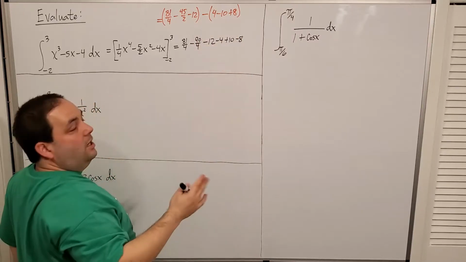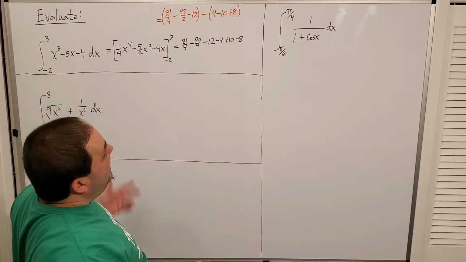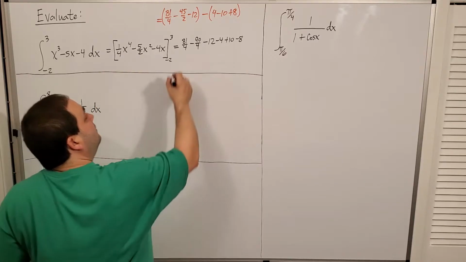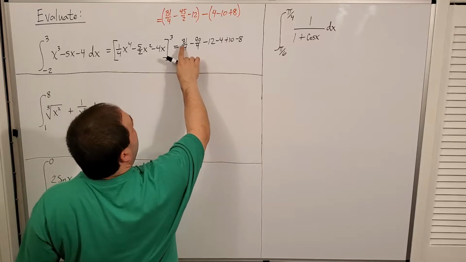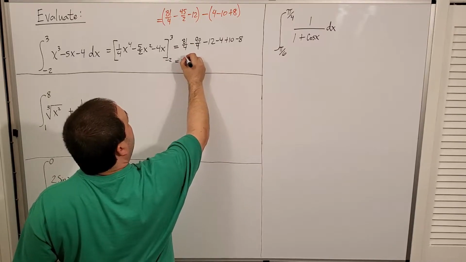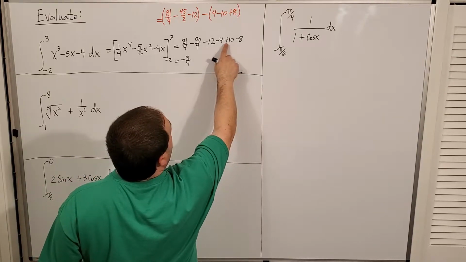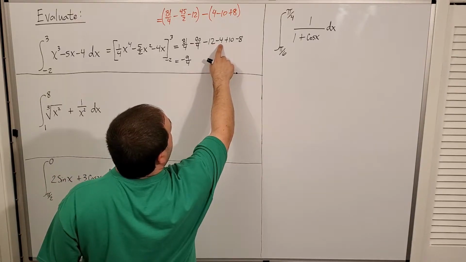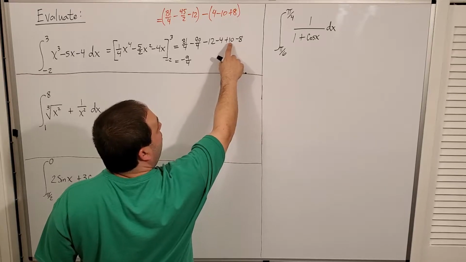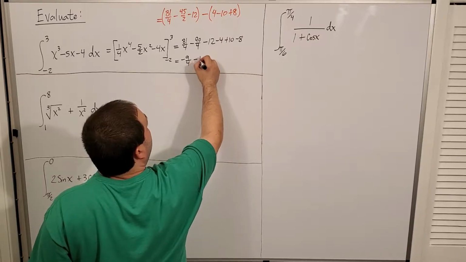Notice you could have added up the pieces first and then put the negative on it. Either way, it doesn't matter, right? Okay, so then I've got negative 9 over 4. And then I've got negative 16, negative 24, negative 14, right?